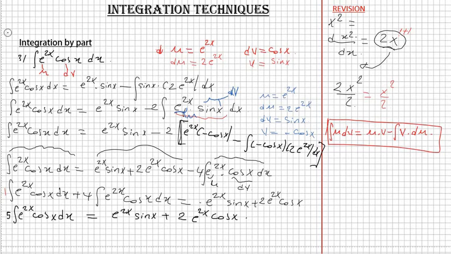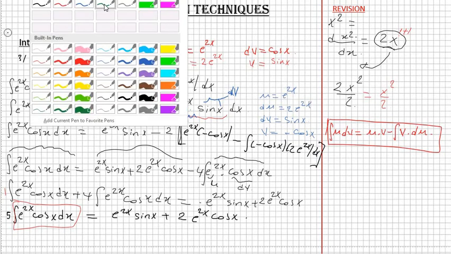Then the question is to get the integration of e to the power of 2x cos x multiplied by cos x dx. To get the integration of this, all I need to do is divide both sides by the coefficient, which is 5.